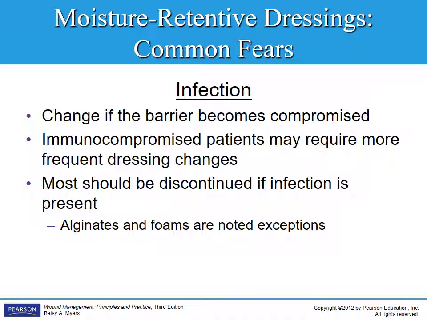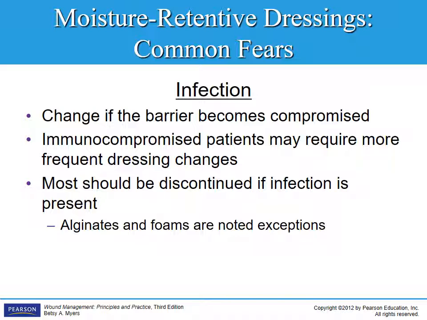But if that becomes compromised or it opens up, you have to change that dressing immediately. Immunocompromised patients may require more frequent dressing changes because you want to make sure that occlusion is always there and that it's not opening up and giving bacteria a chance to flood in.